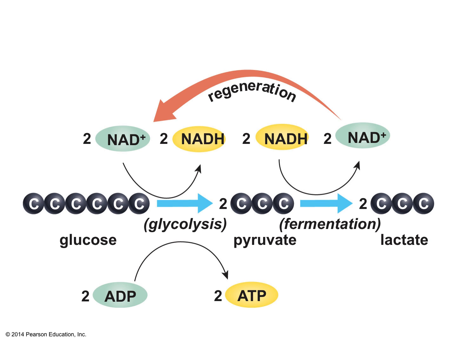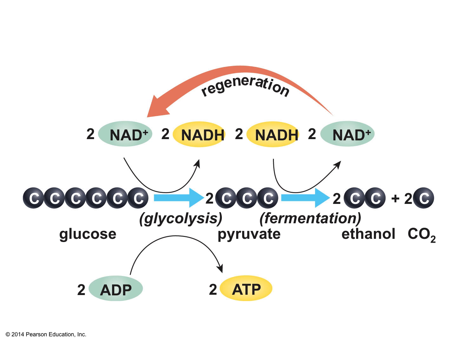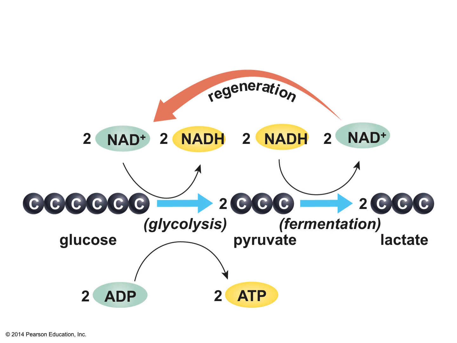It's still the same amount of carbons as we see here, but it's just in a different form. Instead of ethanol and carbon dioxide, it ends up being lactate, and if you add an H, you can call it lactic acid.